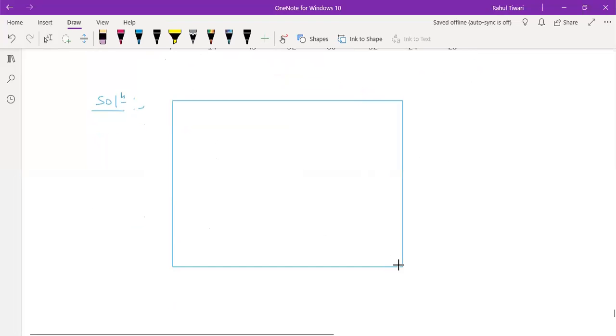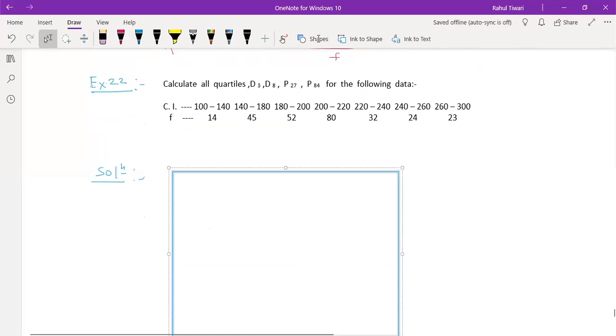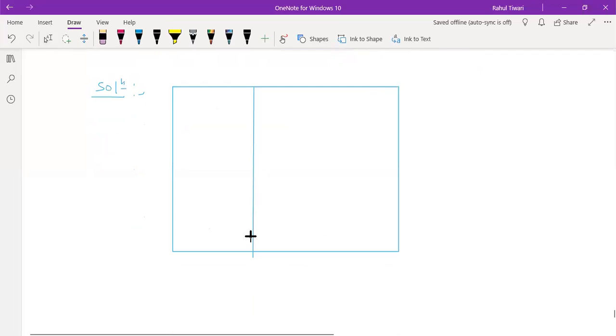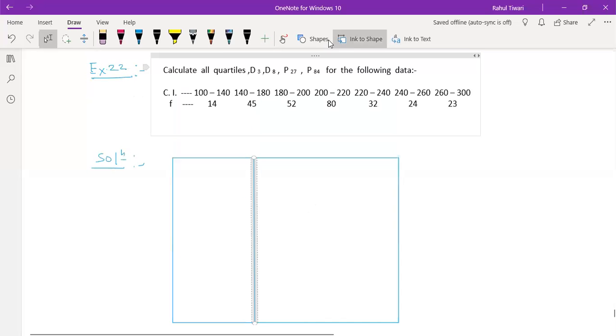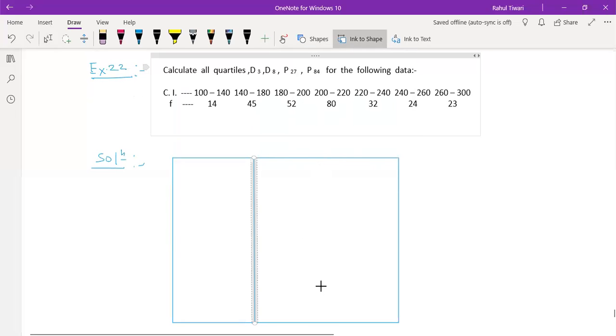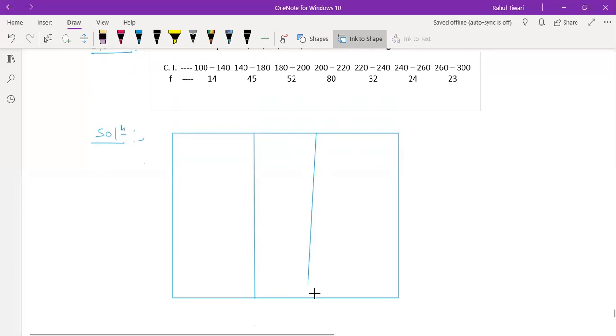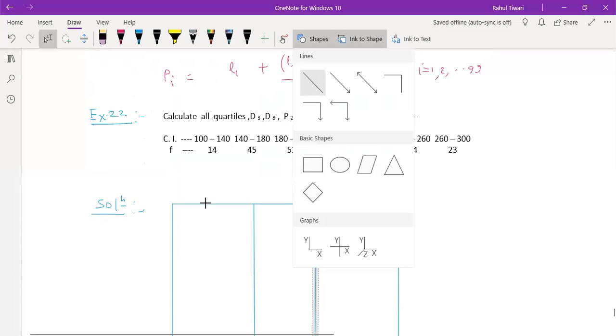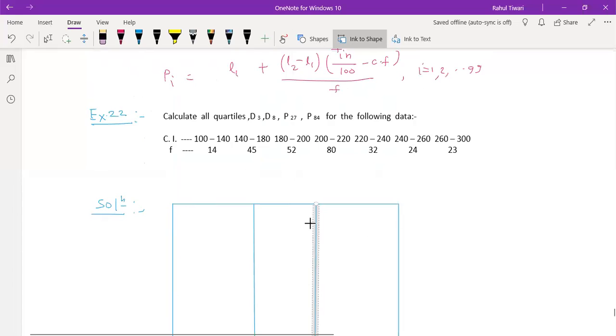One column will be for class interval, one will be the less than CF, one will be the frequency, and another one will be the total.